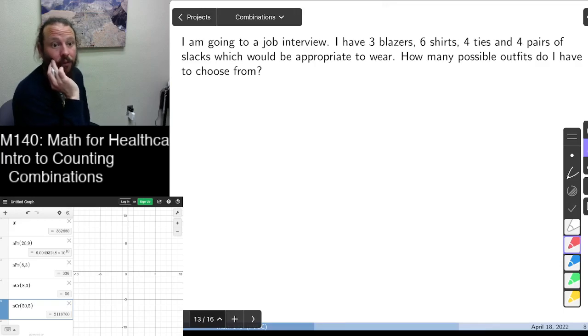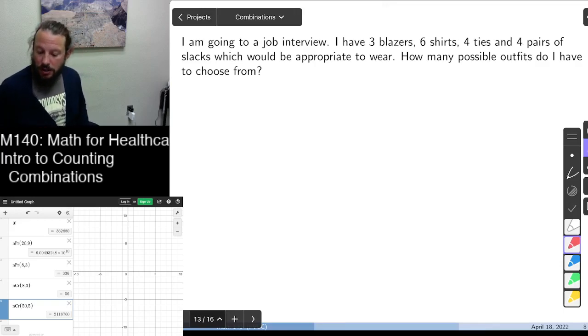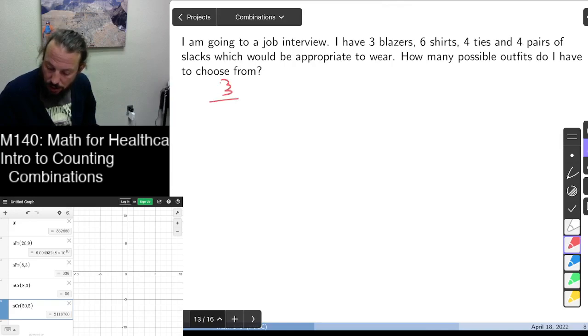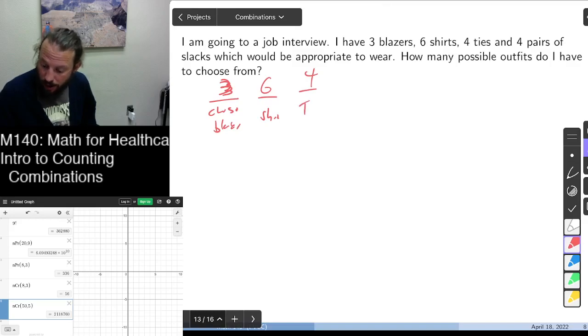There's not really an ordering, but there are categories. There's 3 ways to choose blazers, 6 ways to choose shirts, 4 ways for ties, and 4 ways for slacks.